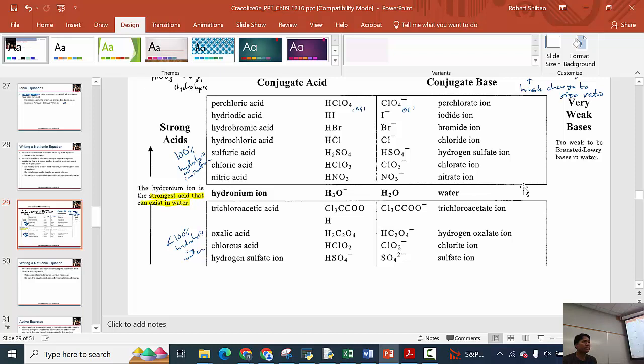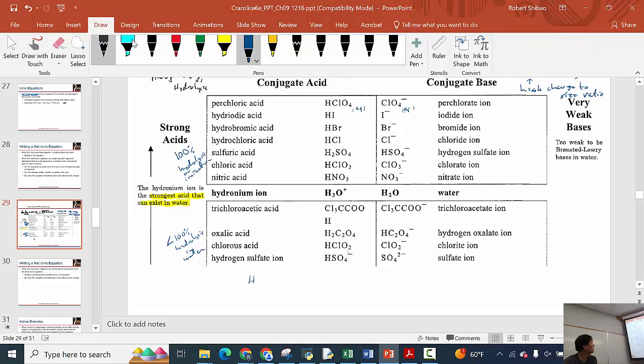So strong acids hydrolyze or ionize in water 100%, whereas weak acids partially ionize, partially hydrolyze in water. So when we compare, let's say, nitric acid with chlorous acid, which is a weak acid, it's not going to hydrolyze to the same extent.